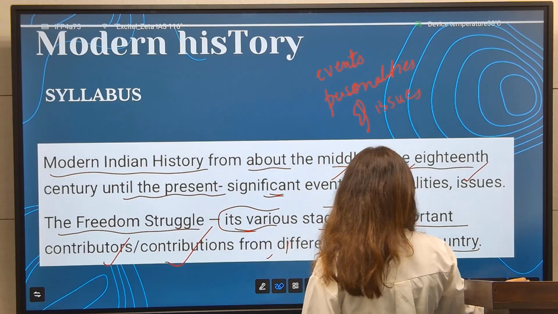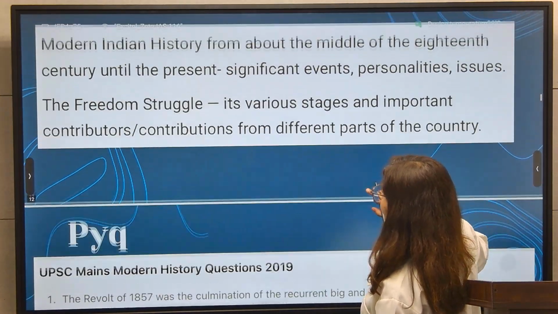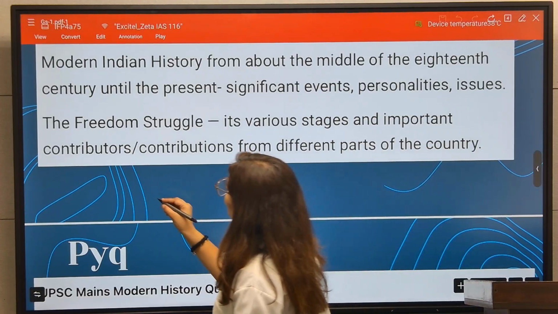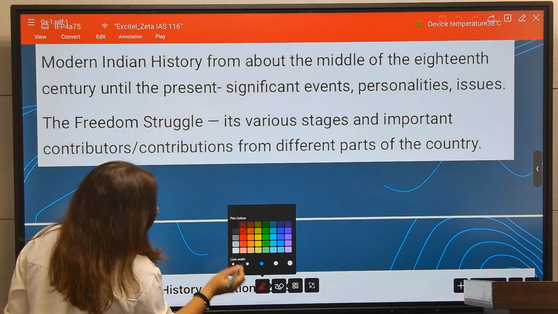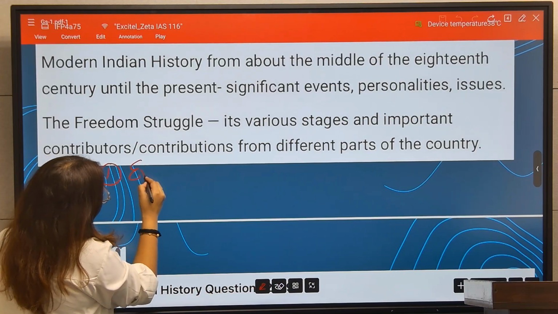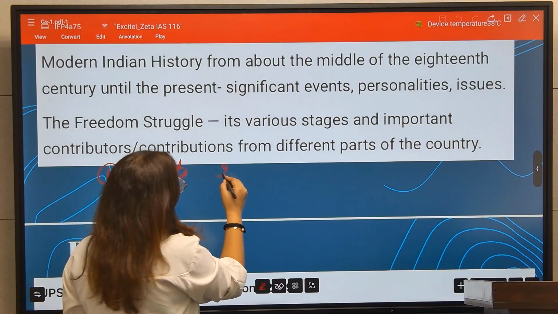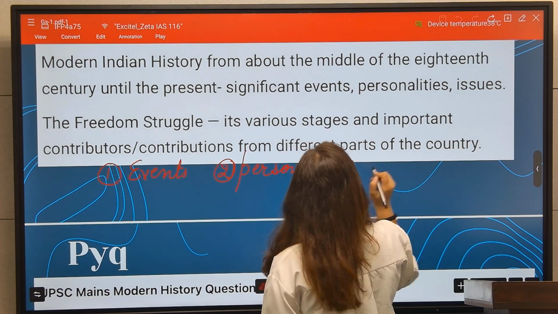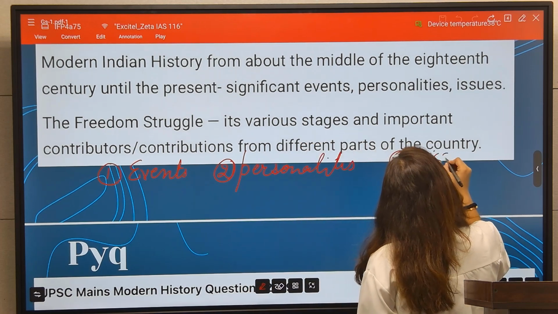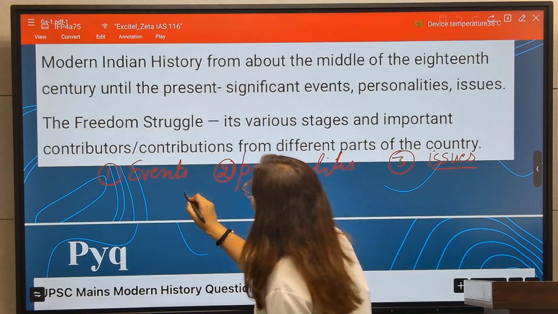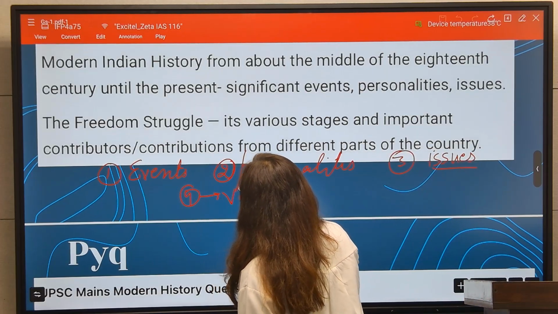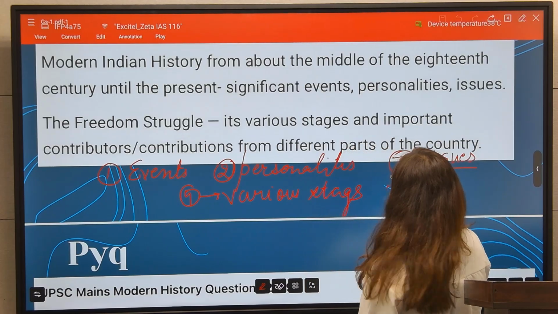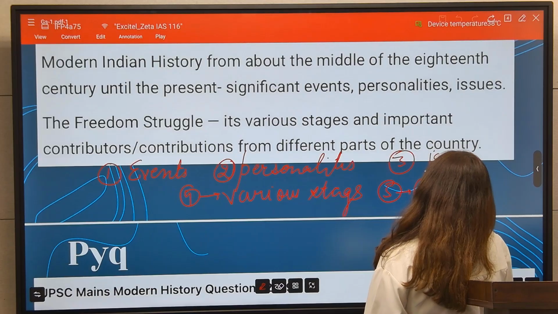So there are 5 subparts. One is events, second is personalities, third is issues, fourth is various stages, and fifth is contributions.